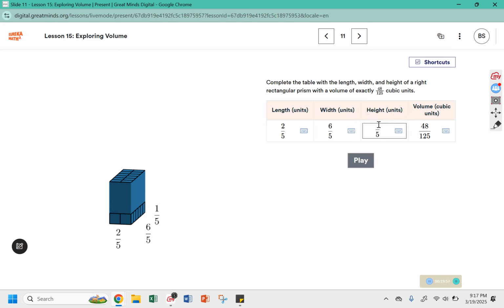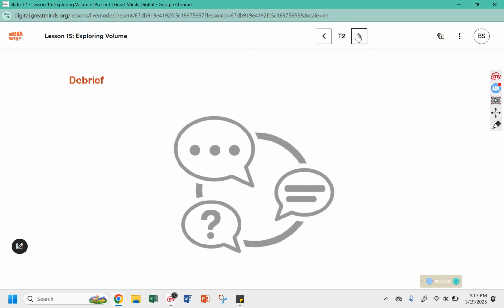So if you have an incorrect answer, it will not fill it up perfectly. But if your answer is correct, it will fill up your solid with exactly the correct volume. That is the end of lesson 15. Again, if you didn't have access to the digital lesson, you can just take notes in your workbook.